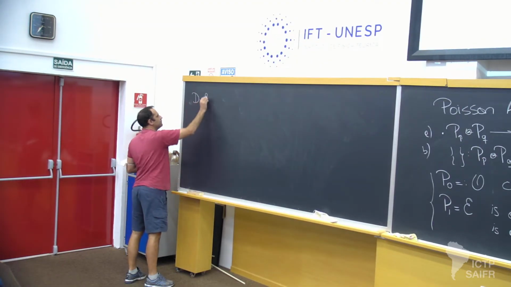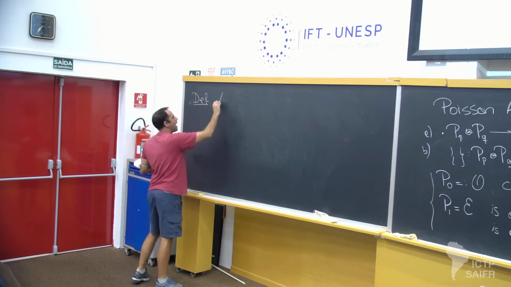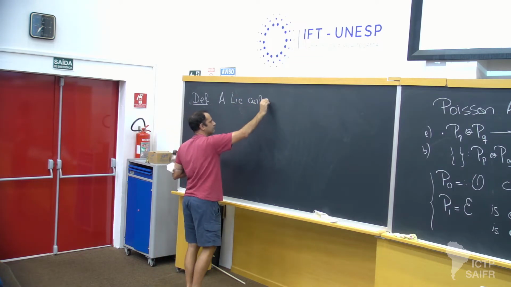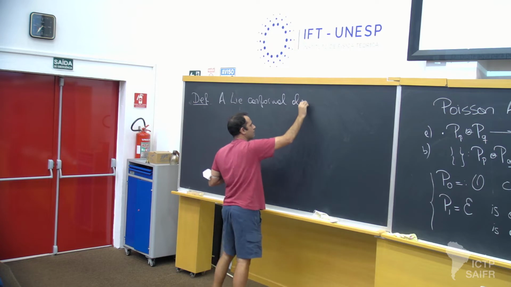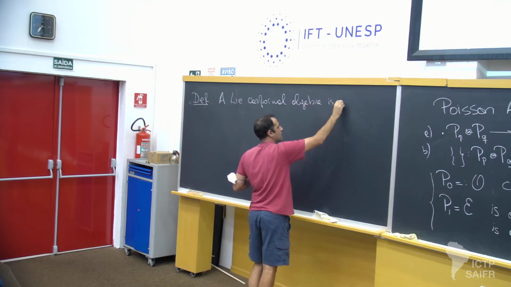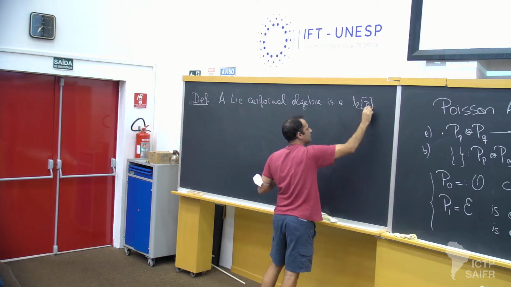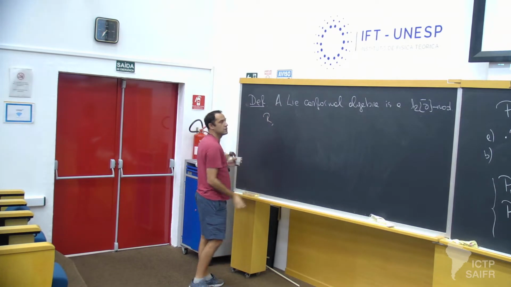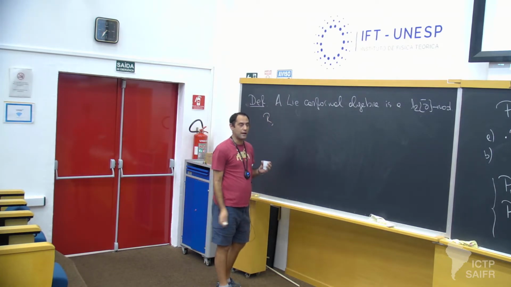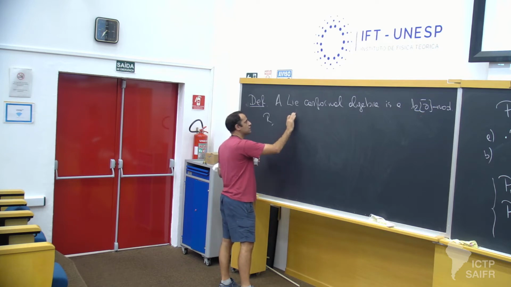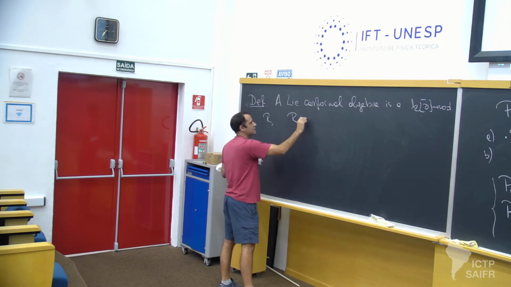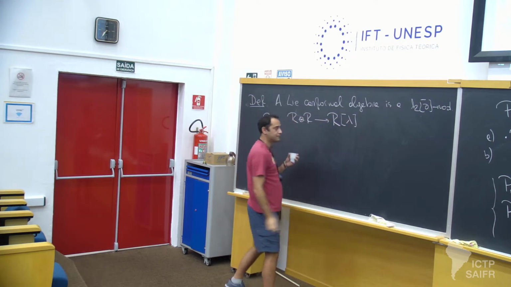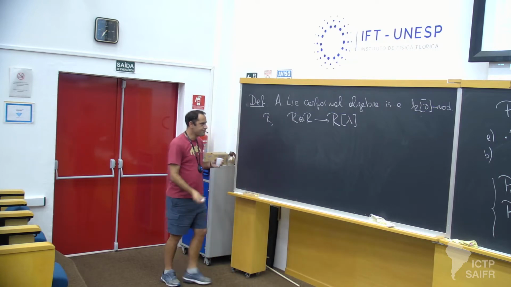Definition. A Lie conformal algebra is a K[∂]-module, let's say R, together with an operation R tensor R to polynomials in a formal variable lambda, which is going to play the role of the Lie bracket in the current world.